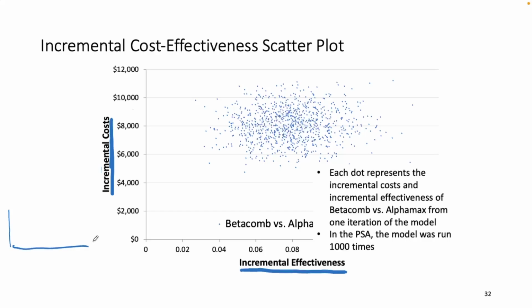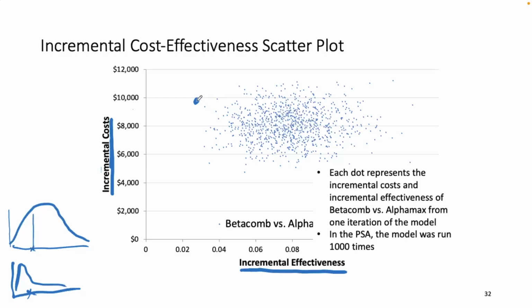It's going to randomly pick a value based on the distribution for each parameter we have in the model. It's going to run the model, and then it's going to record the result.